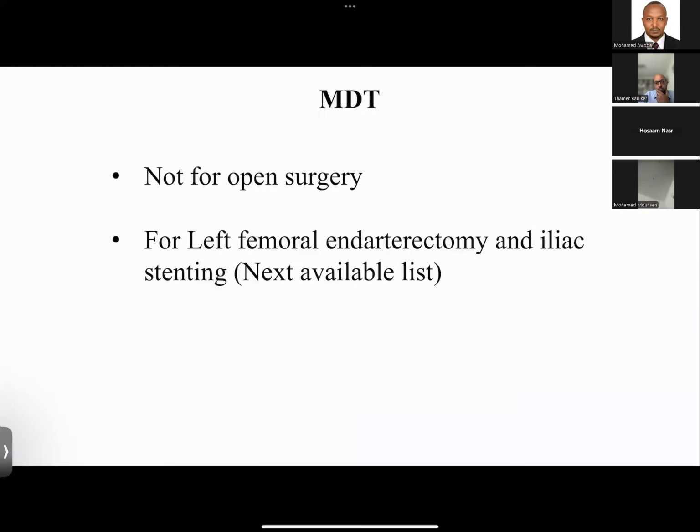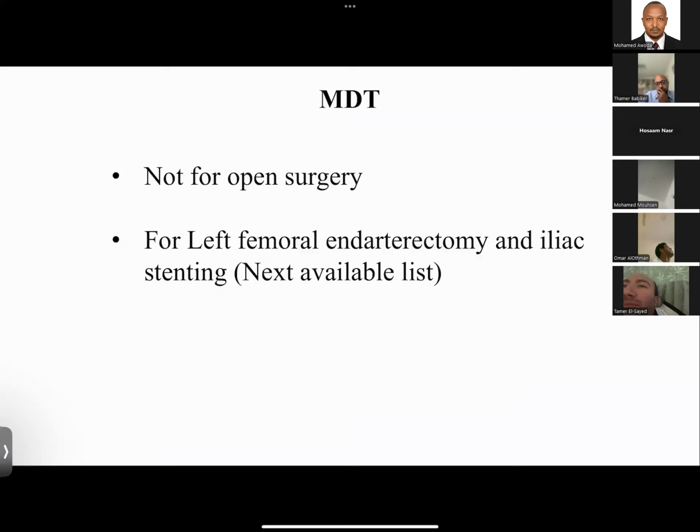So she was discussed in the MDT, and after her workup, it was decided that she's not a candidate for open surgery, and she's for a left femoral endarterectomy and iliac stenting on the next available list. And this is another point that we can obviously discuss at the end of this talk: in those frail, unwell patients, I like to do the absolute bare minimum.